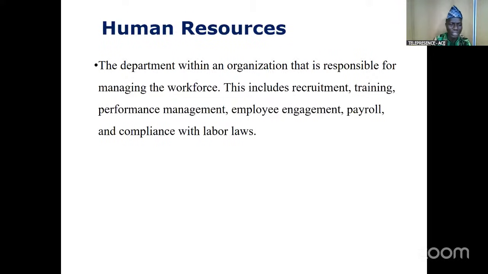Human resources. The department within an organization that is responsible for managing the workforce. This includes recruitment, training, employee engagement, payroll, and compliance with labor law. That is the Department of Human Resources.